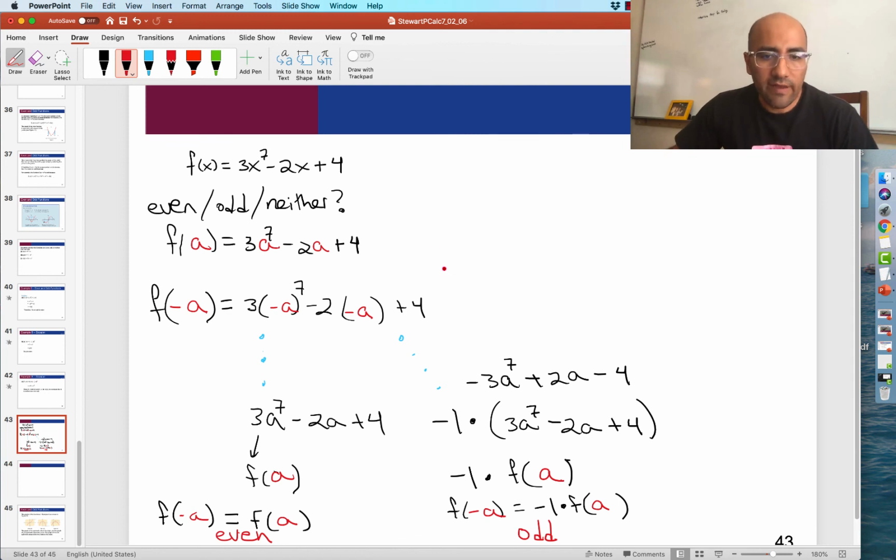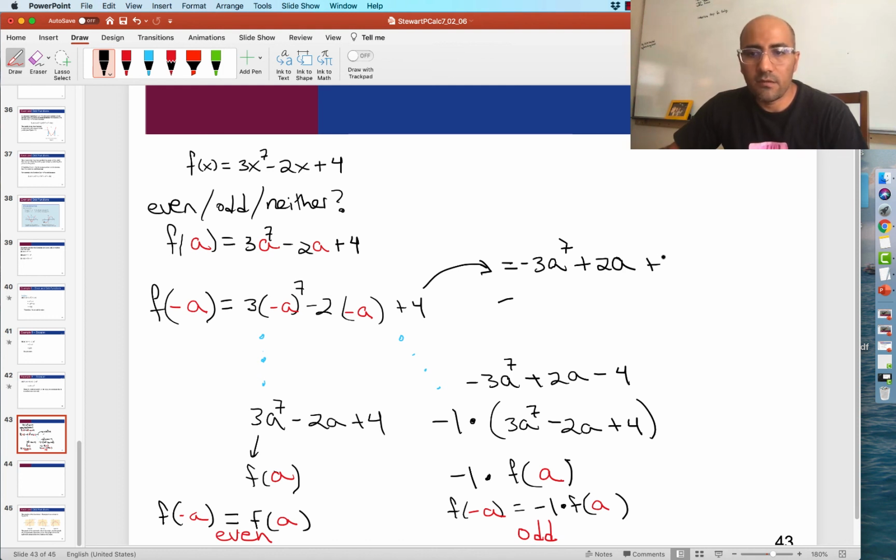Now you'll notice that if I actually do the algebra for this one, what do I get? Negative a to the power of 7, we preserve the negative, so this simplifies to negative 3a to the 7th power plus 2a plus 4. First of all, notice that this is not exactly equal to this one.